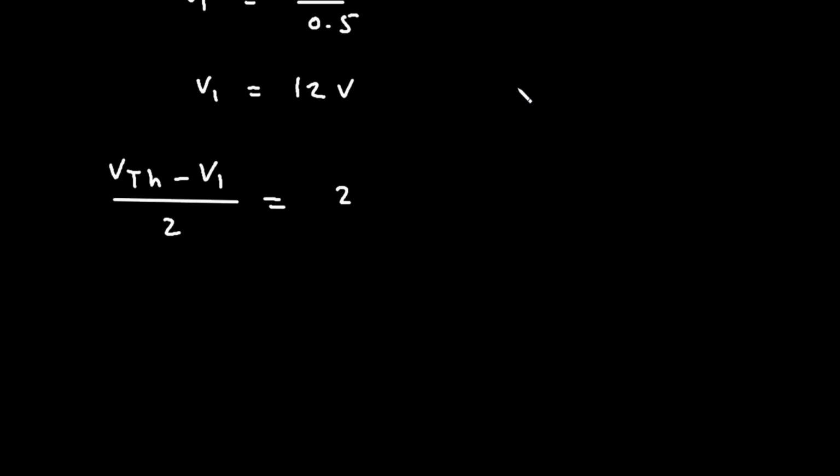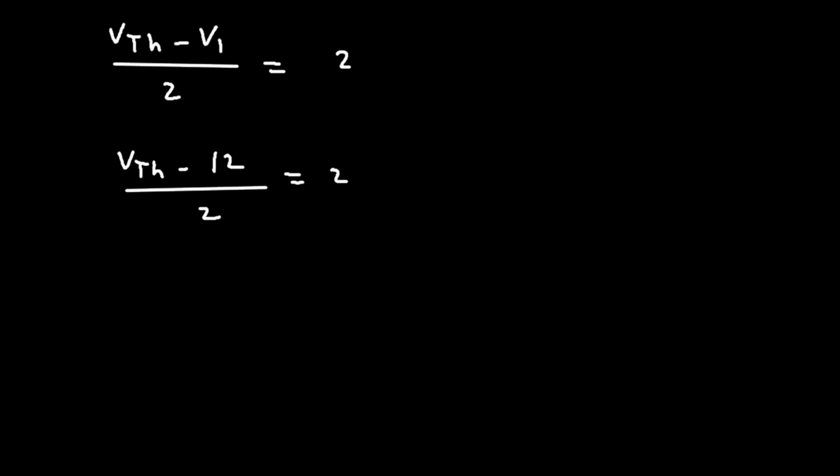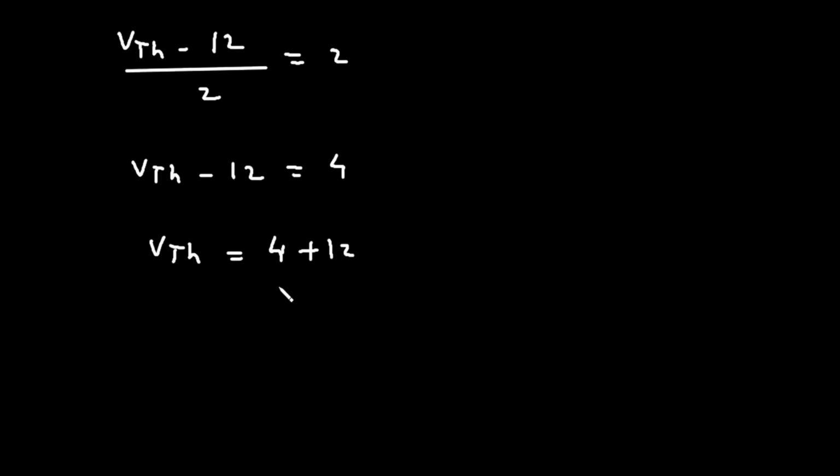Now we got the value of V1. So V1 is 12. So VTH minus 12 divided by 2 is equal to 2. We can take this 2 on this side. So it will be VTH minus 12 is equal to 4. We can take this on right side. So VTH is equal to 4 plus 12. Now VTH is equal to 16 volt.